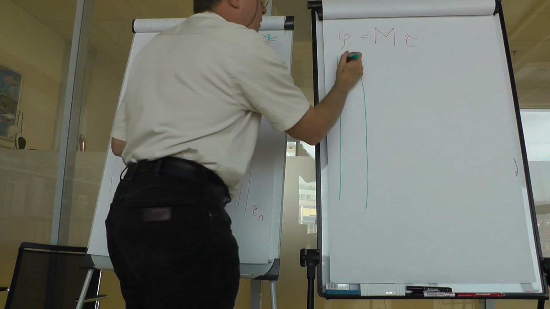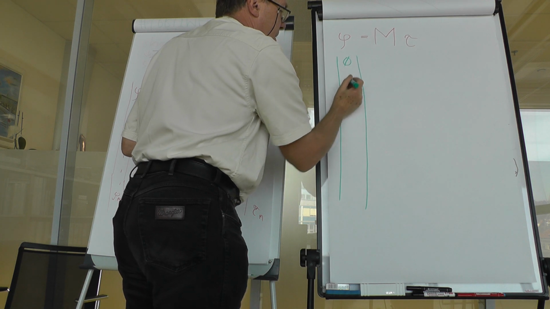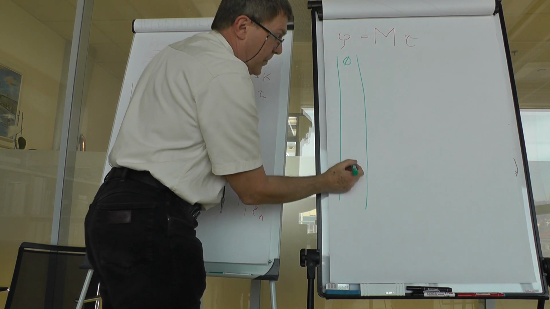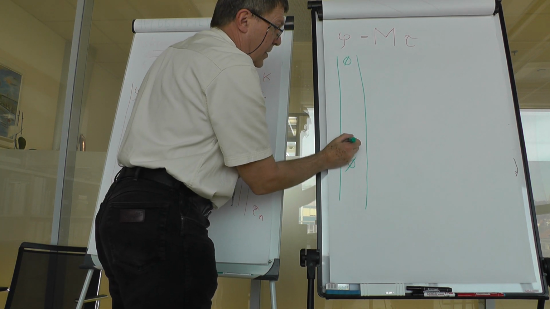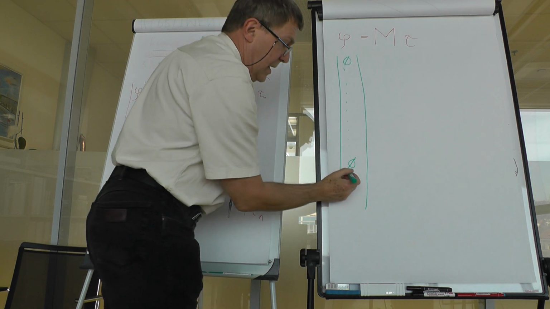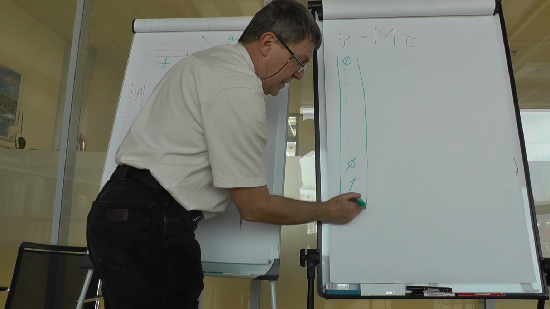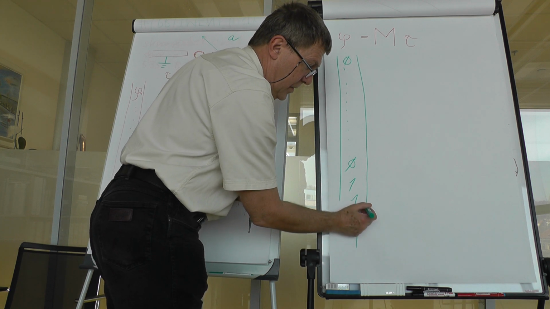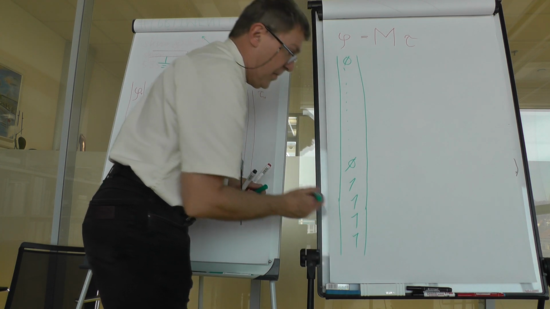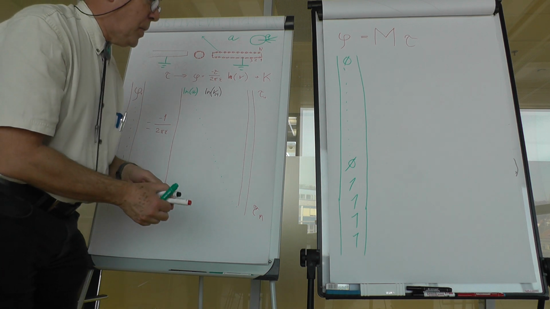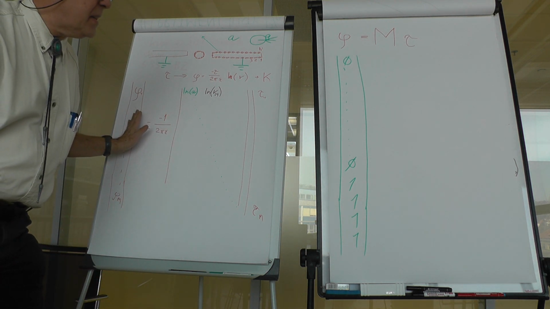So I would have a vector which has zeros and then ones over here. So I know the potential because I prescribe it.